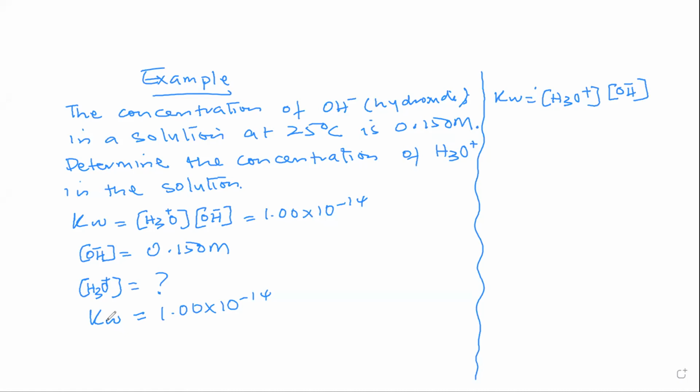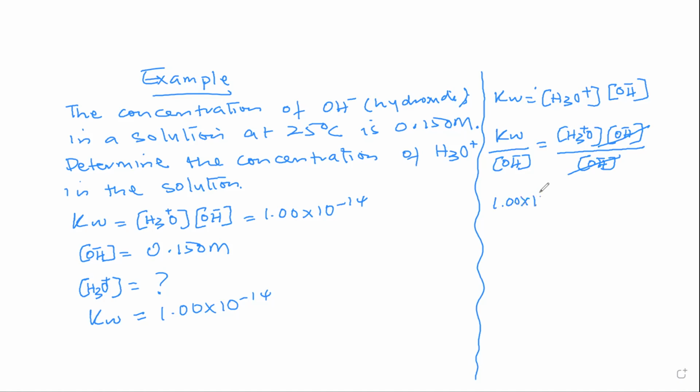We do not know hydronium ion concentration, so we have to isolate that. So that will be Kw divided by the hydroxide concentration.